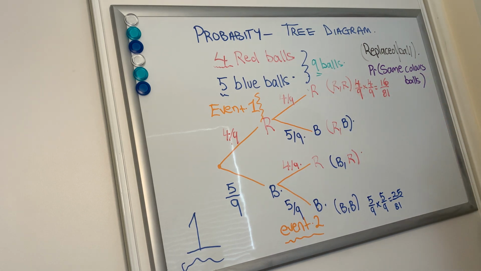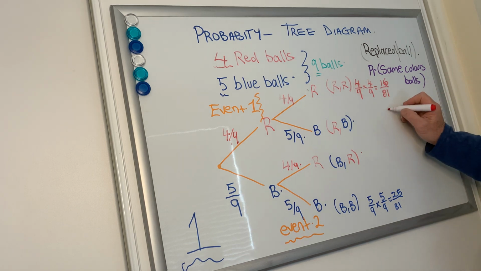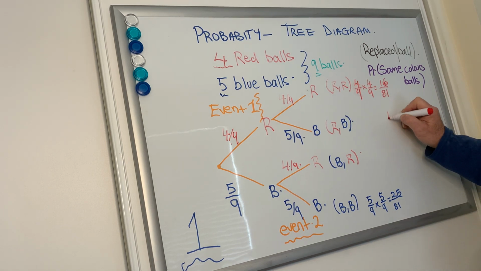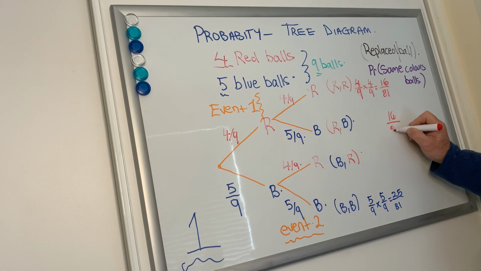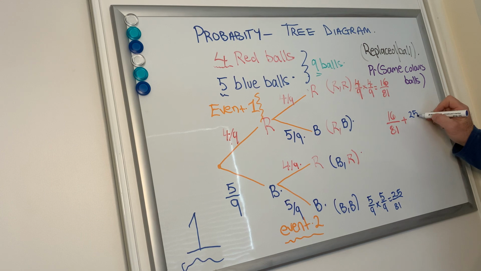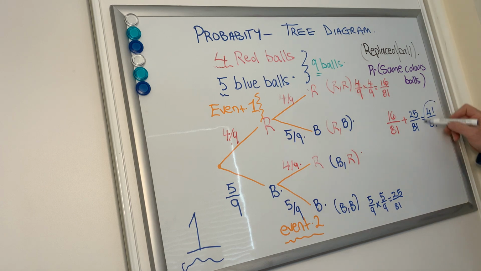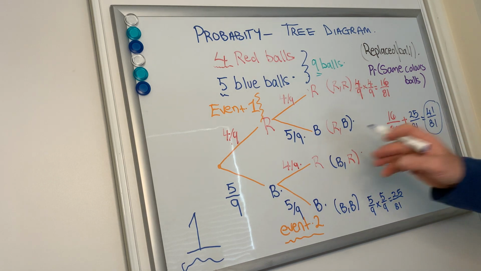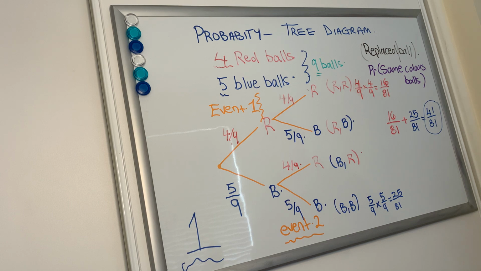So the probability of the same colour is going to be 16 over 81 plus 25 over 81, which is equal to 41 over 81. Okay, that's the probability of choosing the same colour after 2 picks of the balls.